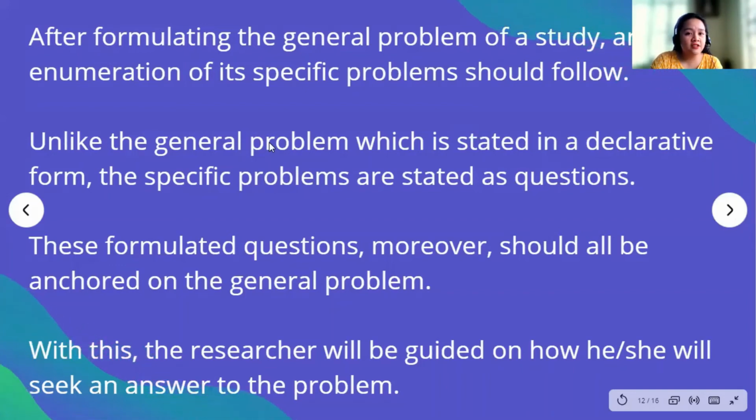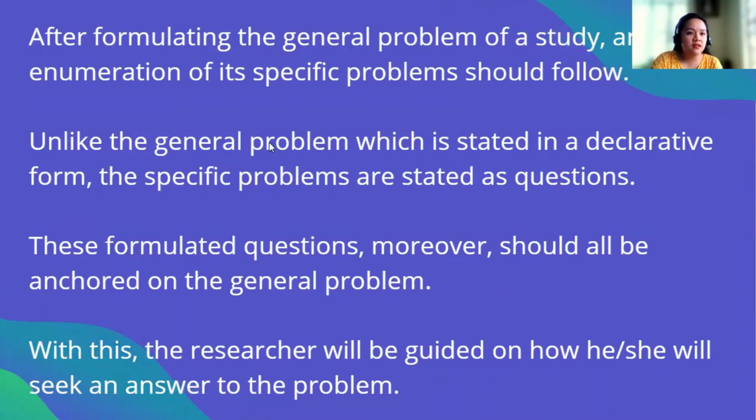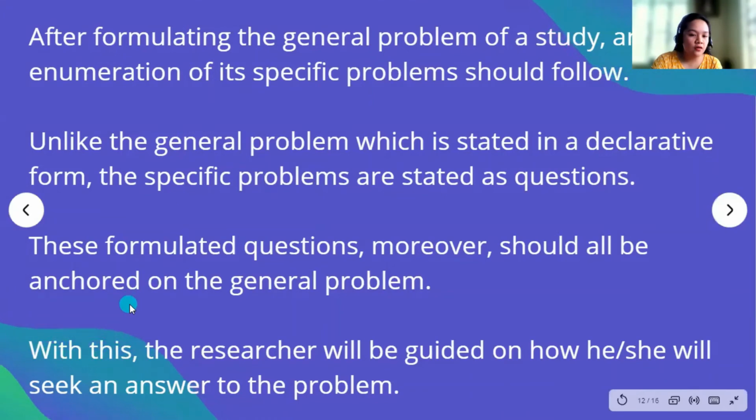After formulating the general problem of a study, an enumeration of its specific problem should follow. Unlike the general problem, which is stated in a declarative form, the specific problems are stated as questions. These formulated questions, moreover, should all be anchored on a general problem.